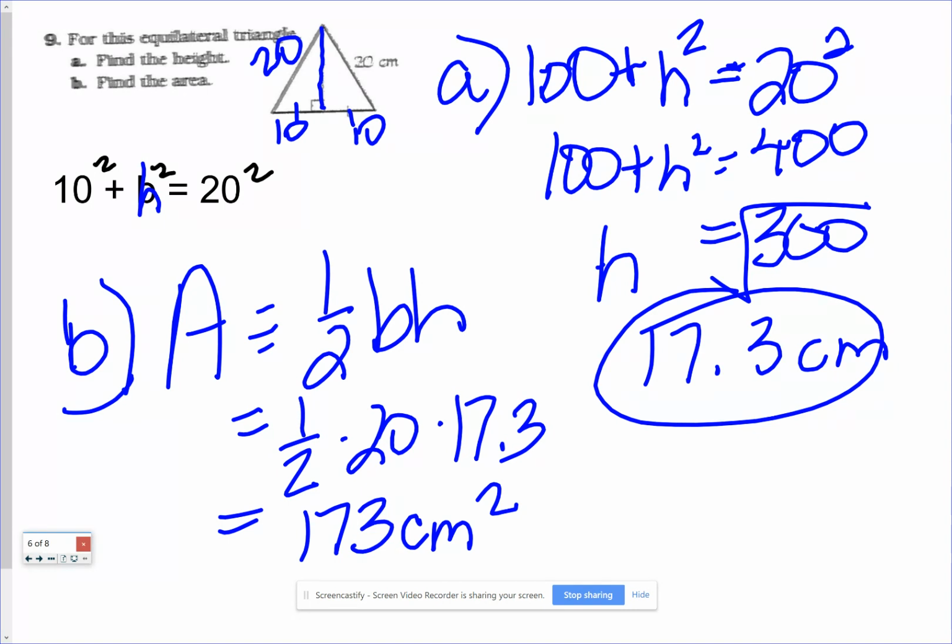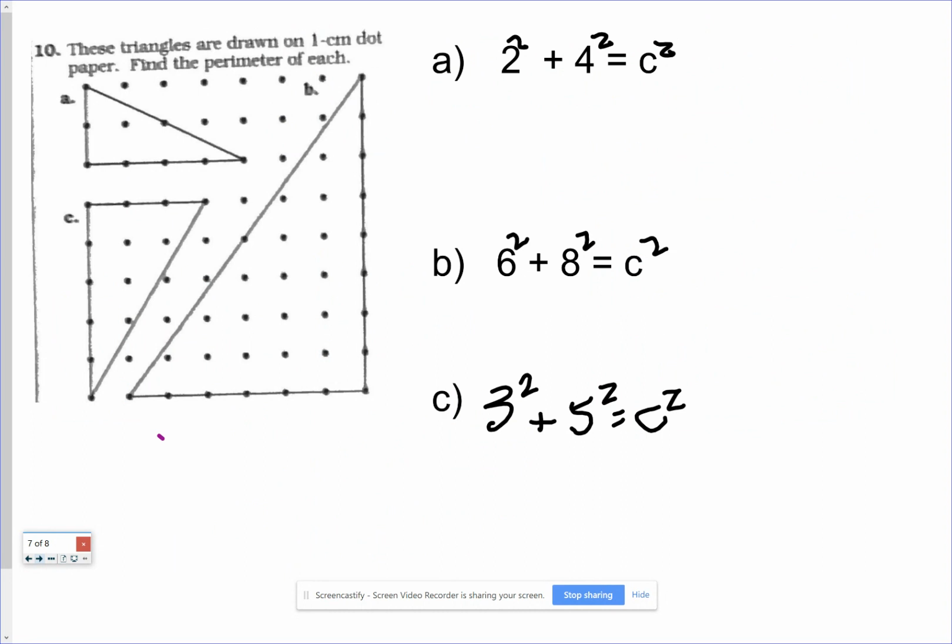All right, take a look at the grid with the centimeter dot paper for each of these guys. Make sure you're counting the segments, not the dots. A, this is 2. 1, 2, 3, 4. This leg is 4, and you don't know that third side. So when you calculate that out and find that third side, we get the square root of, well, 2 squared and 4 squared, so that's 4 and 16.